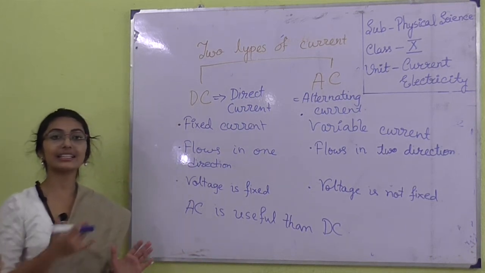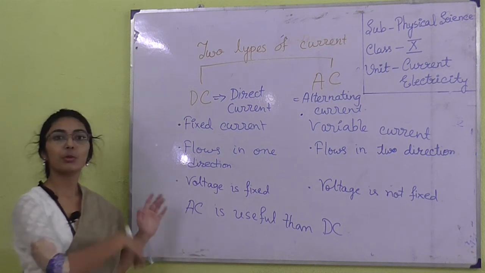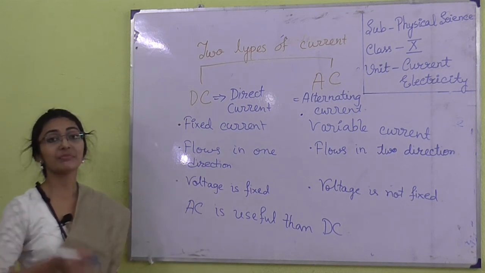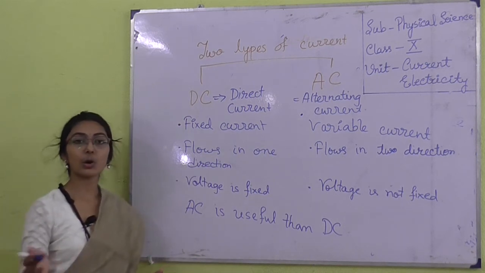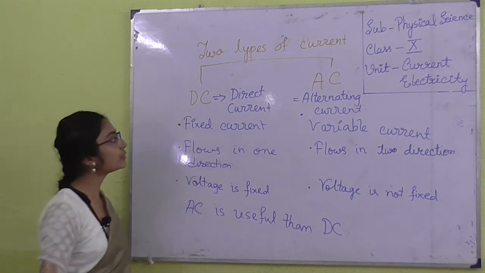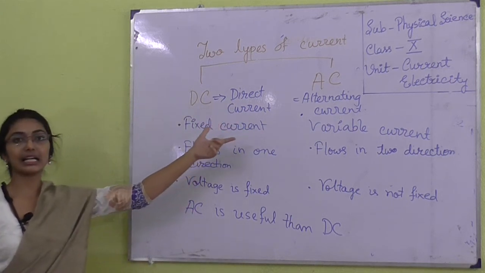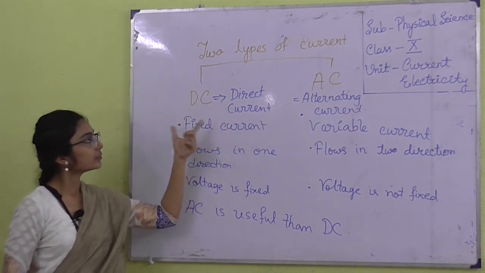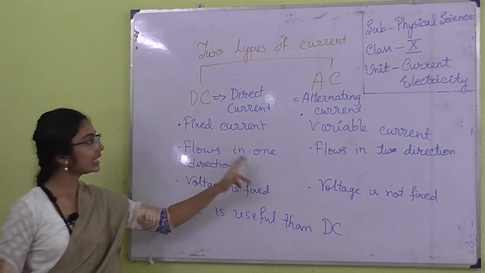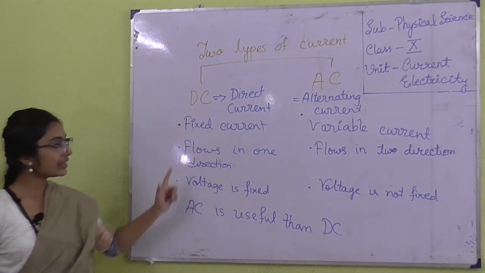It's not that the current is always going from the positive terminal to the negative terminal. The current which always flows from positive to negative is known as direct current or DC, and it flows in one direction with a fixed current and fixed voltage.